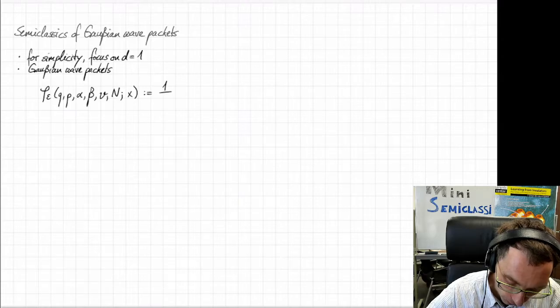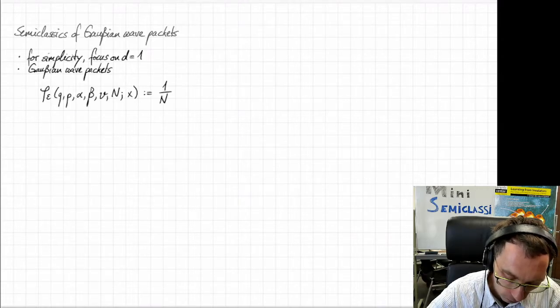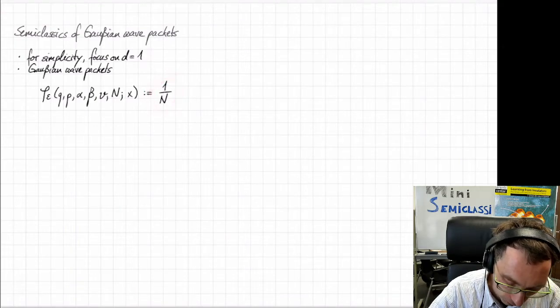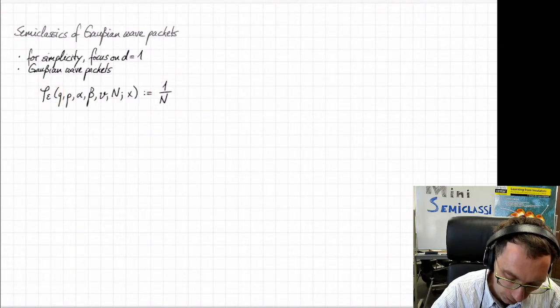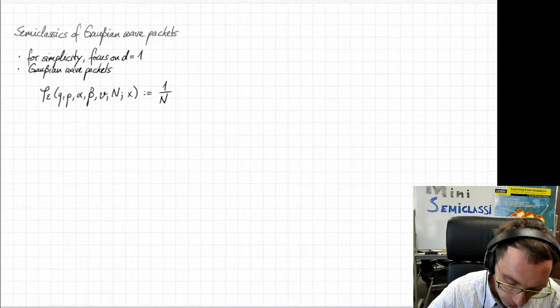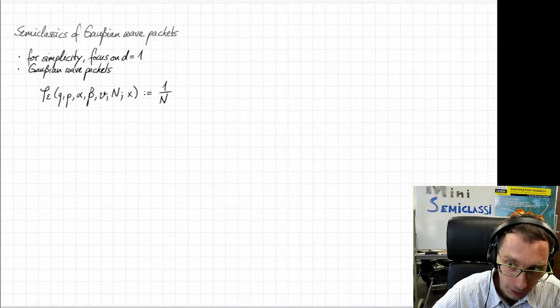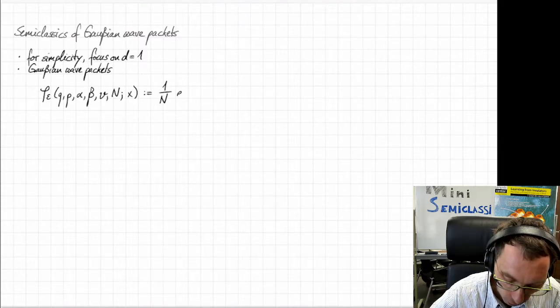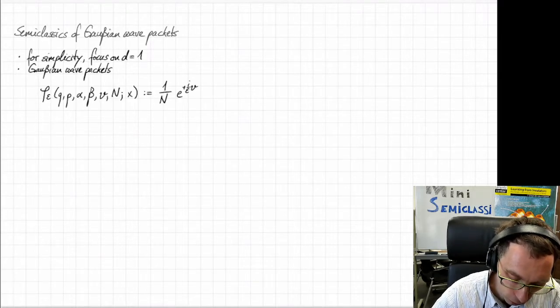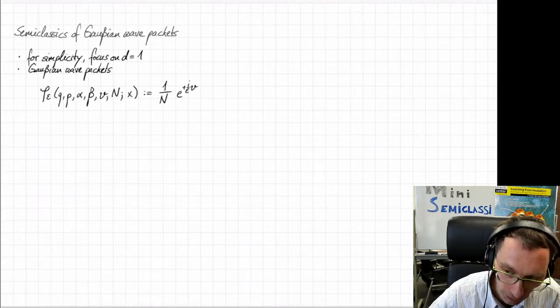So first off, I have a normalization factor. So later on, I will just choose this normalization factor so that this guy here is normalized to 1. Then there is a phase factor that will later on become a dynamical phase. So this is to accommodate dynamical phases.